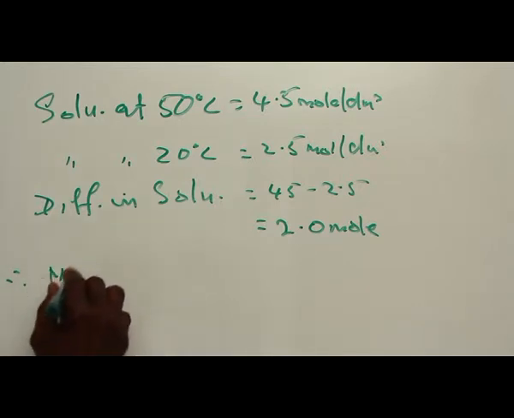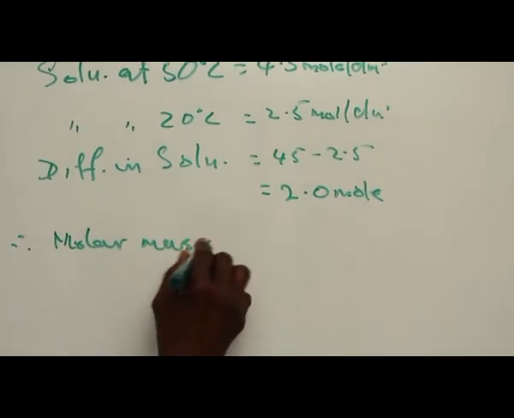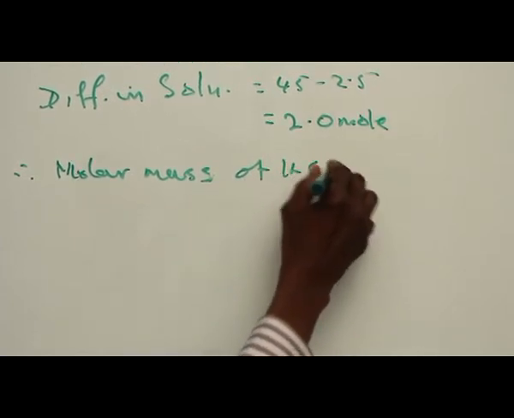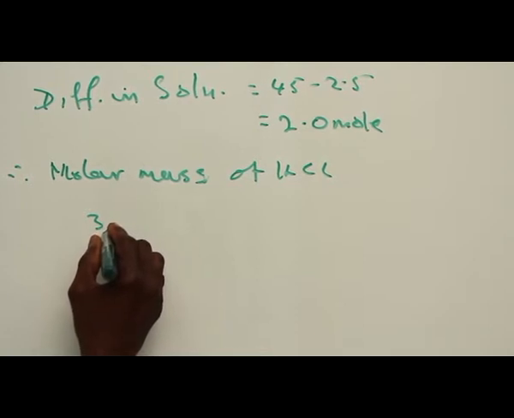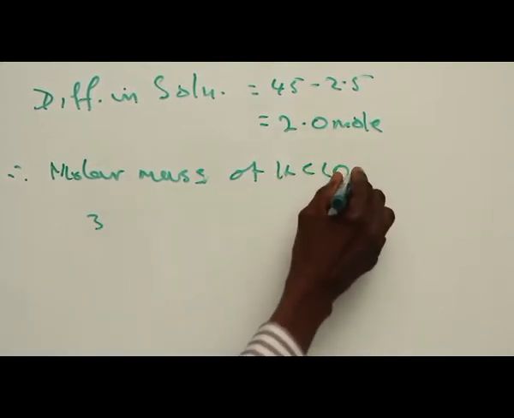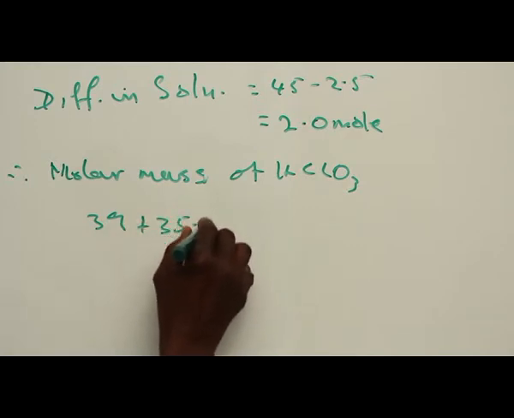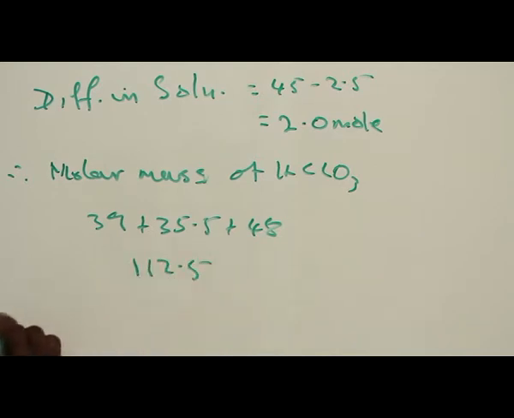Now, molar mass of KClO3 is 39 plus 35.5 plus 48, giving us a total of 112.5.